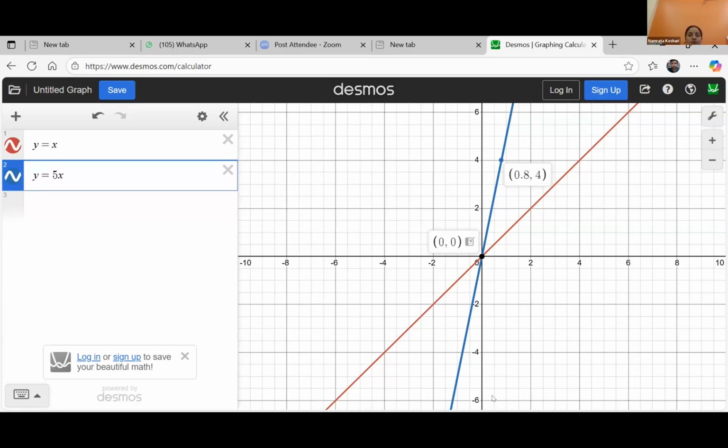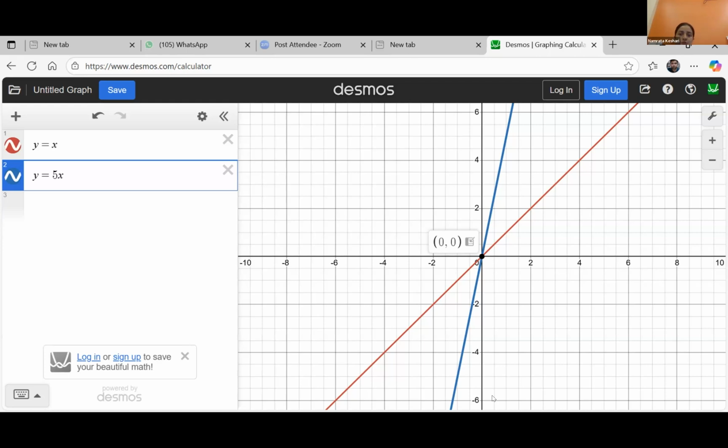What is the slope in numbers? Tell me. 4 by 0.8 can be written as? Yes, Nabila, what do you say? 0.2?